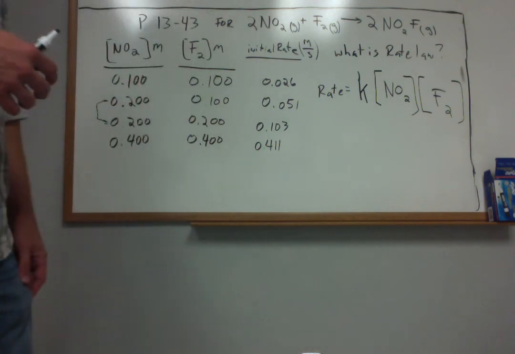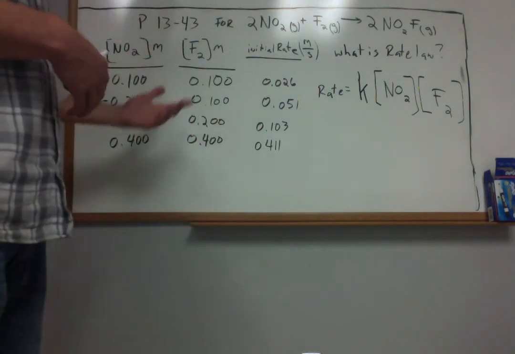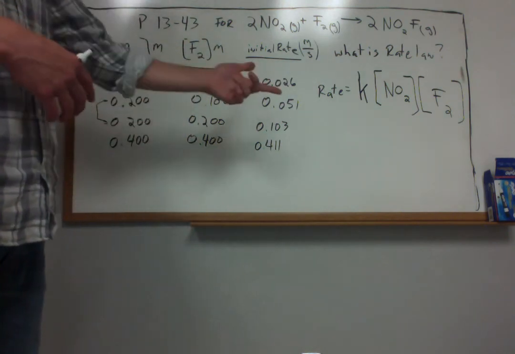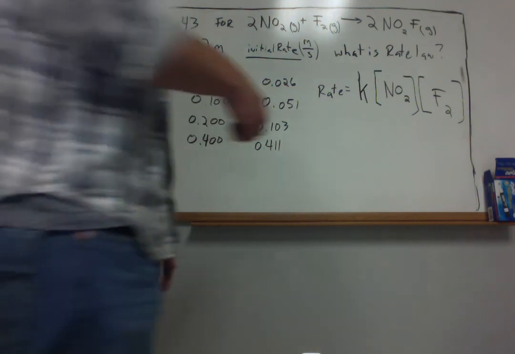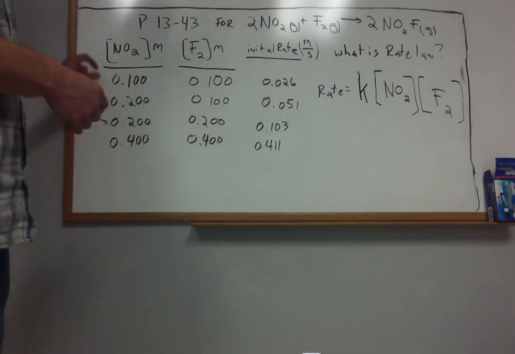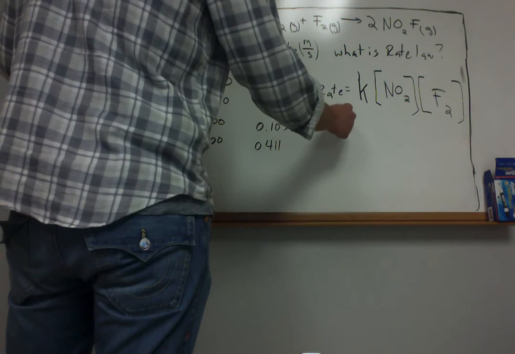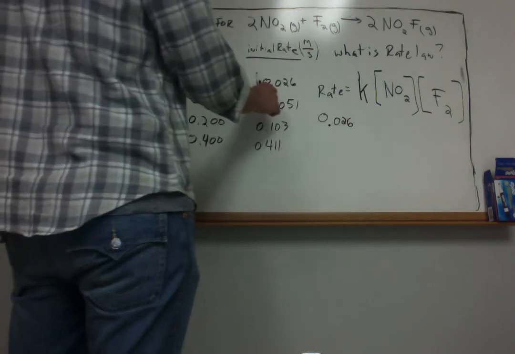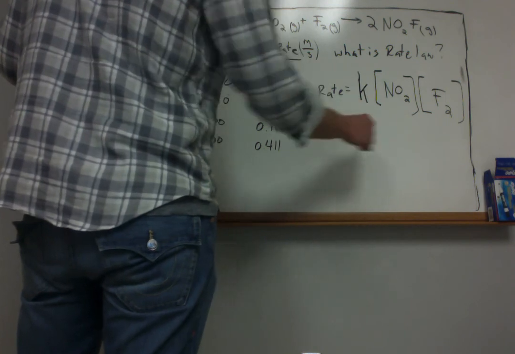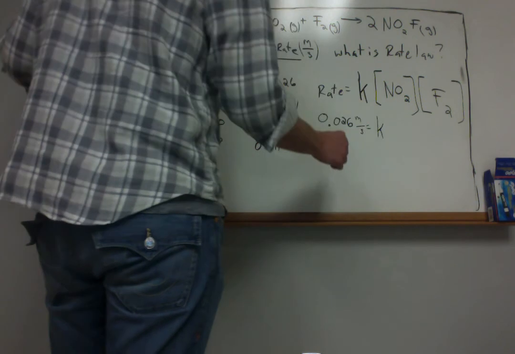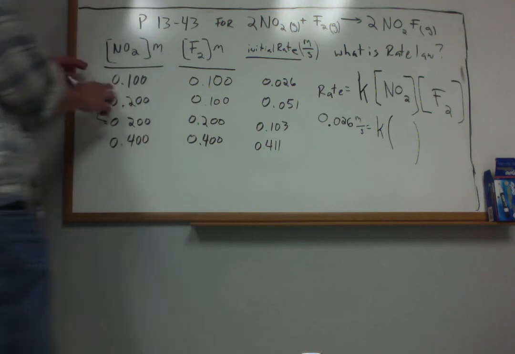Now the way that you do that is after you figure out what the orders are, the m and the n, you basically come back and plug experimental data into the equation that you got to rearrange and solve for k. All right, so that's basically what we're going to do. So I imagine I could just use this first trial here to keep things simple and say that my reaction rate that was observed, my instantaneous rate was 0.026 molar per second, moles per liter per second, and that's got to be equal to k, my rate constant, times my concentration of NO2, which in that trial was 0.1.